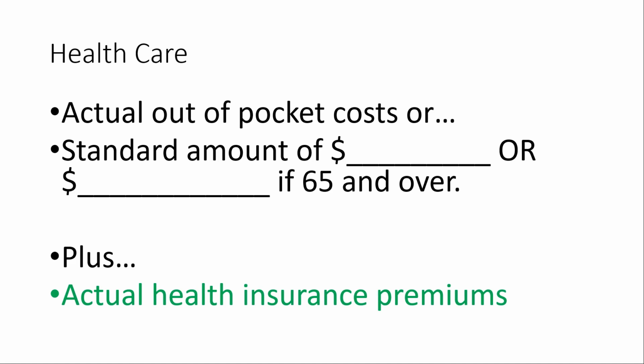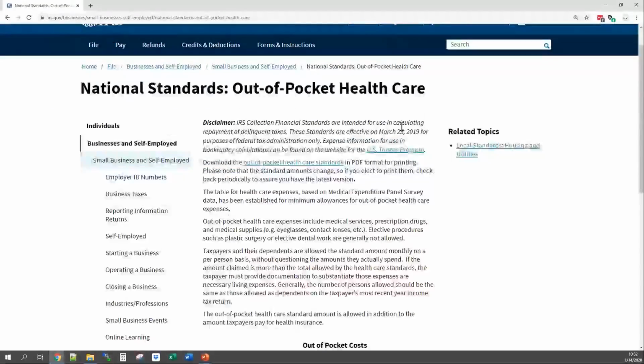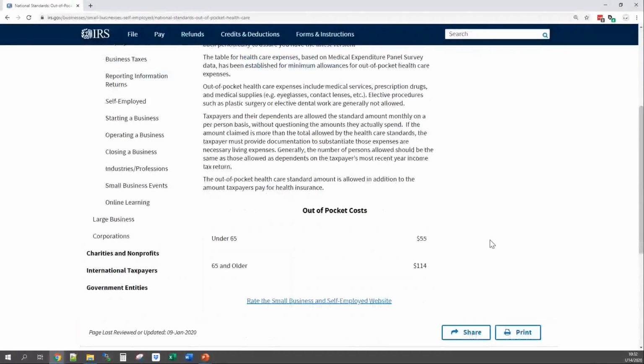So, for example, the gym membership isn't going to count. Okay, so it's either your actual out-of-pocket costs, or if the taxpayer's out-of-pocket healthcare costs are low, then there is a standardized amount, and this amount changes year to year. It was amusing a few years ago when it went down for some weird reason.